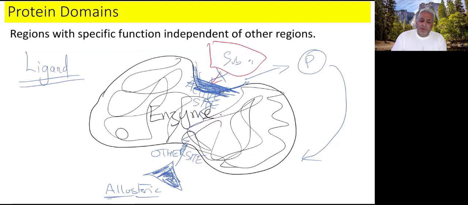And the blue triangle is also its ligand. So anything that binds to a protein, whether it be another protein, a DNA, food molecule, a hormone, a lipid, a sugar, you name it, nucleic acid, it doesn't matter. All those things are called that protein's ligands.